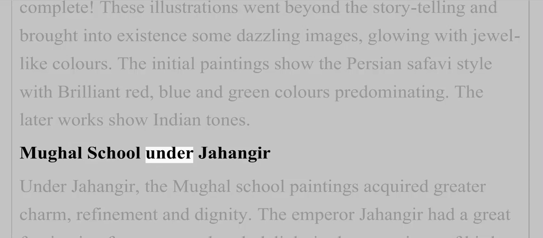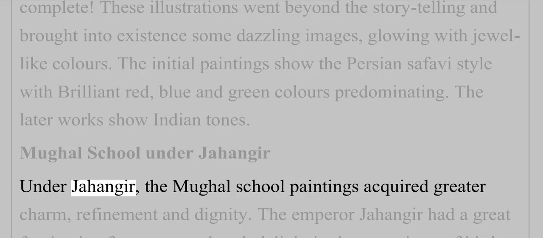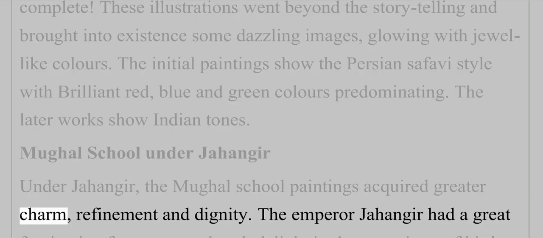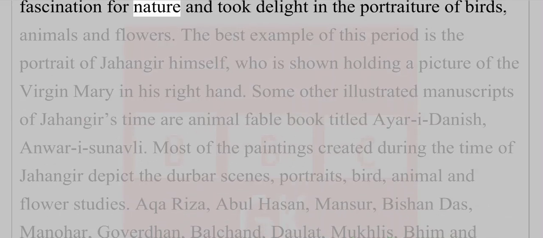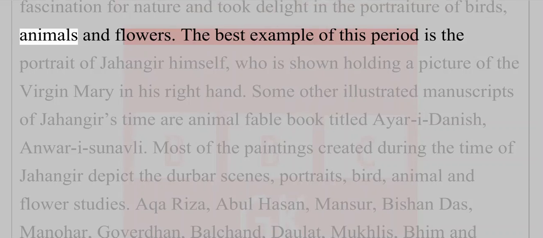Mughal school under Jahangir. The Mughal school paintings acquired greater charm, refinement and dignity. The Emperor Jahangir had a great fascination for nature and took delight in the portraiture of birds, animals and flowers.